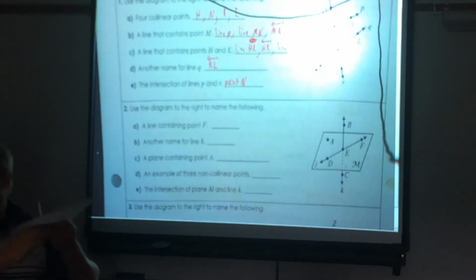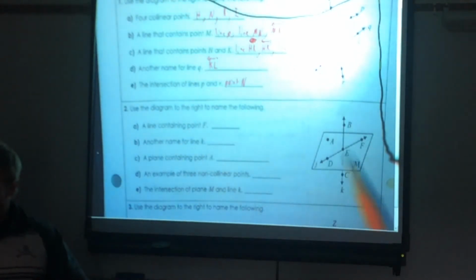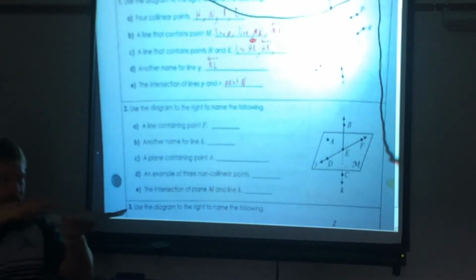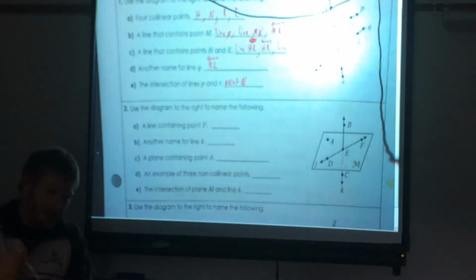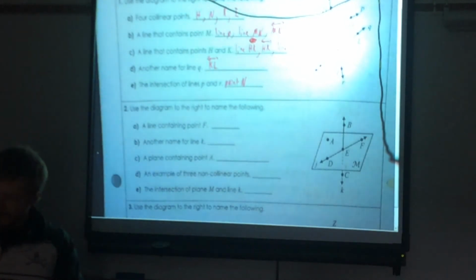And then the other line, J or line DF, is just on the surface of that plane. So that would be like, let's say there was a fireman's pole going through the floor. That would be this line, and maybe this line was just a crack in the floor going all the way across it. But still, when I'm just naming them, I name them the same way.